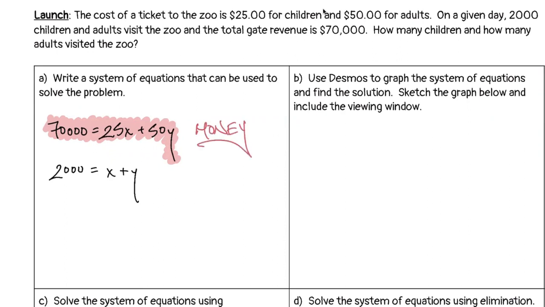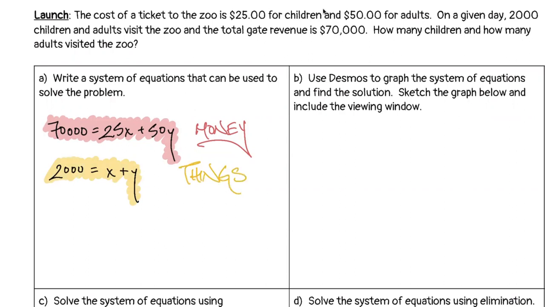All right, so if your word problem involves something about cost, there's usually one of the equations that's going to be centered around the money. Okay. The other equation is usually counting some kind of thing.